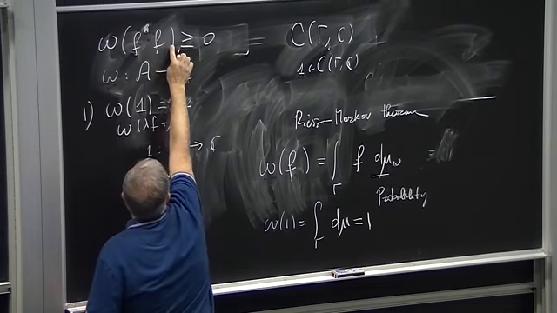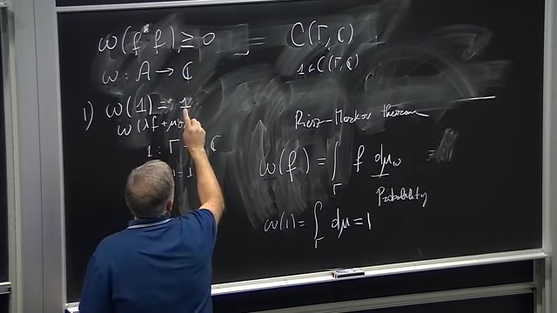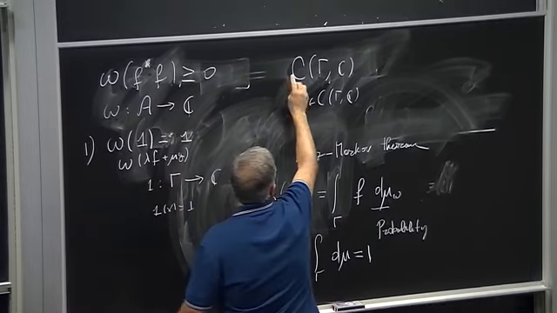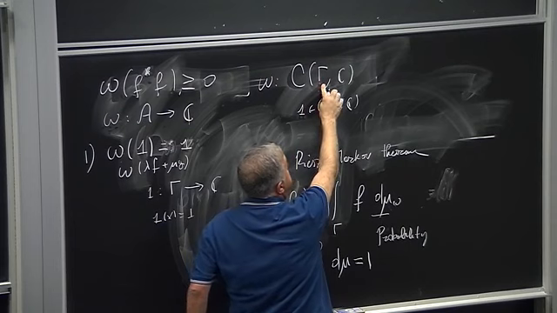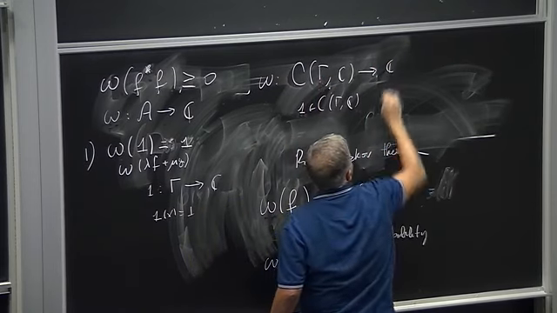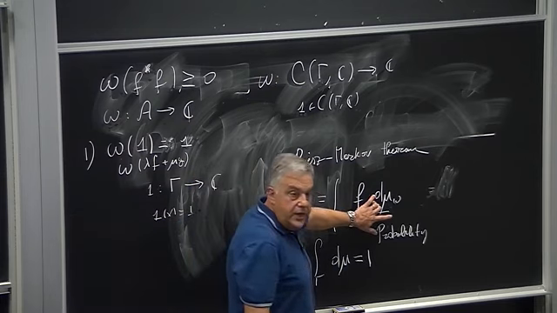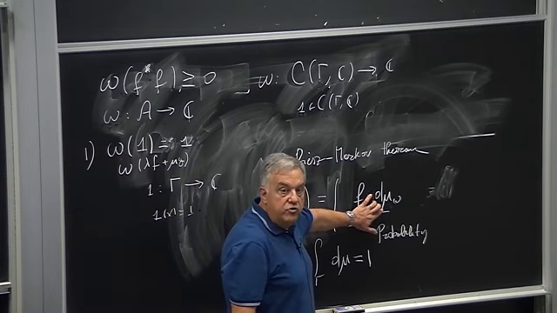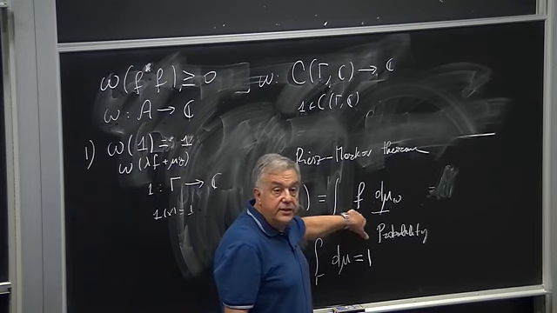Which is positive and normalized to 1, from any linear functional omega defined on the continuous functions with complex values, there exists a unique probability measure that tells you that omega of f can be represented by this integral.